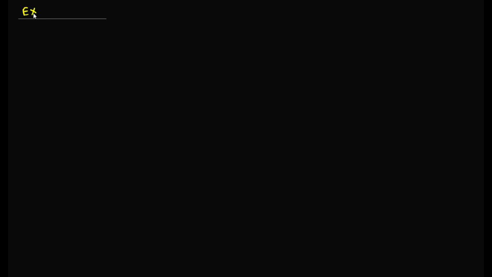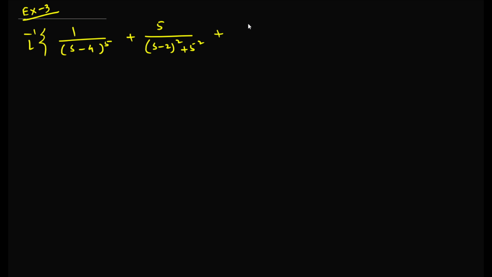Okay, let us take one more problem. Suppose we have to find the inverse Laplace transformation of 1 divided by s minus 4 whole to the power 5, then 5 divided by s minus 2 whole square plus 5 square, and then whenever you practice some more problems, all the doubts whatever come to your mind will be cleared.